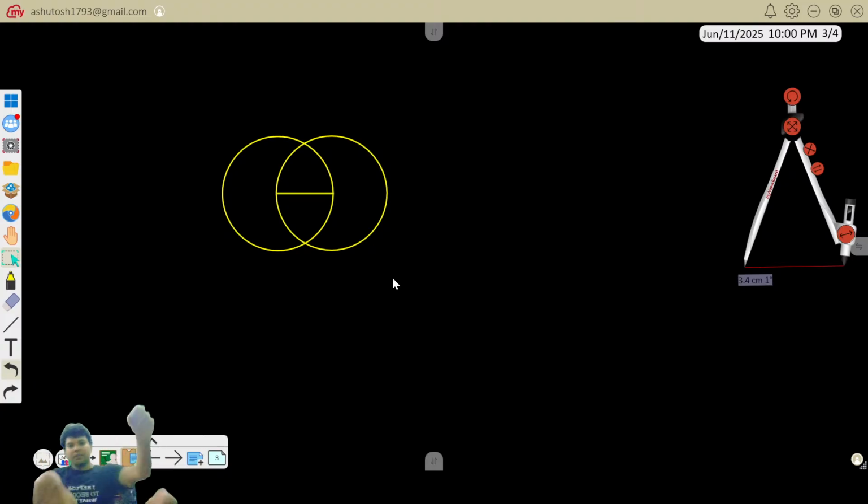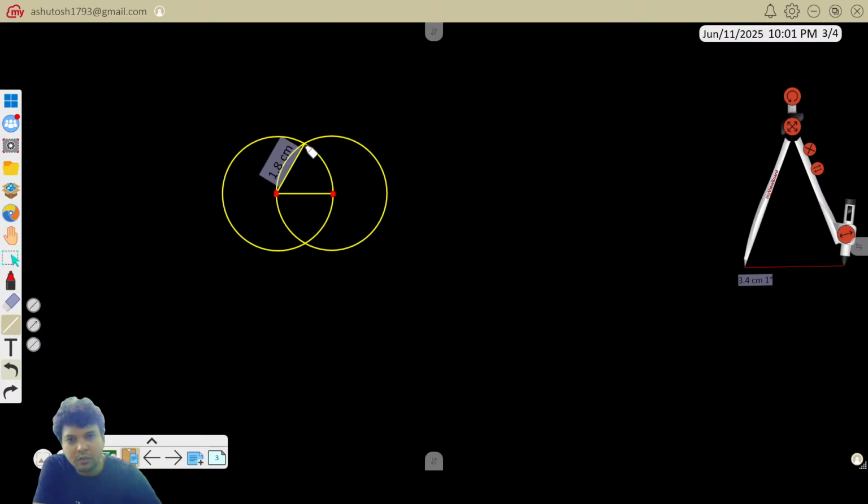When we have two circles, one circle's center is this point, and the other center is this point. We make this, we make this, what is this triangle?